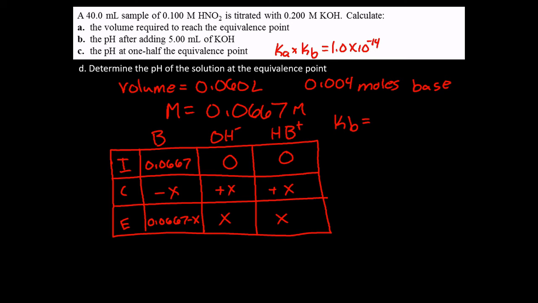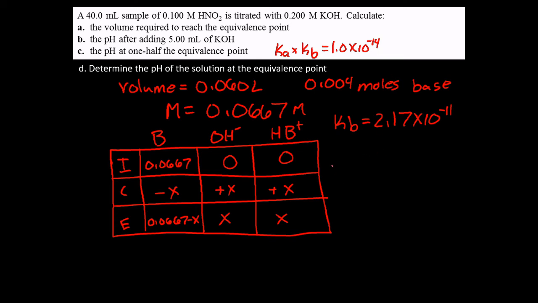So if I go ahead and divide 1 times 10 to the negative 14 by that number, I get Kb is 2.17 times 10 to the negative 11. So not terribly strong, but that's what we expected. The nitrous acid is a moderately strong weak acid, and so you would expect its conjugate base to be weaker than it is.